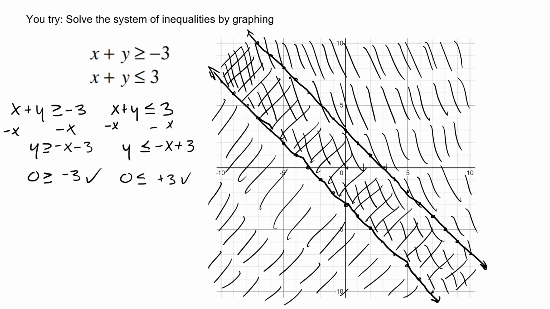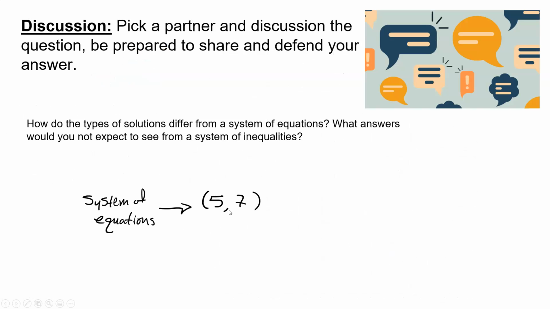If I look back at the previous example, the solution is everything between these two lines and including the two lines. So there is an infinite number of solutions here in this space, right? Compared to a system of equations where we have exactly one answer, usually. All right. So that is the main difference.